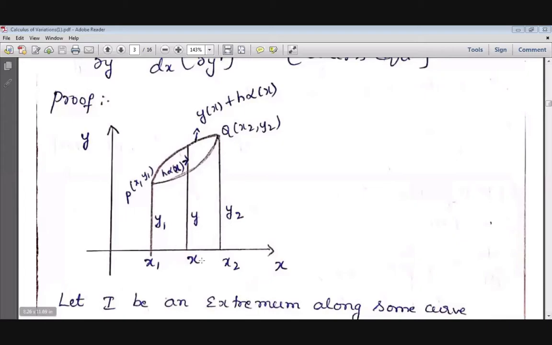Take 2 points x1 and x2, and from this point to this point I have two paths. This is one path, and this is another path.